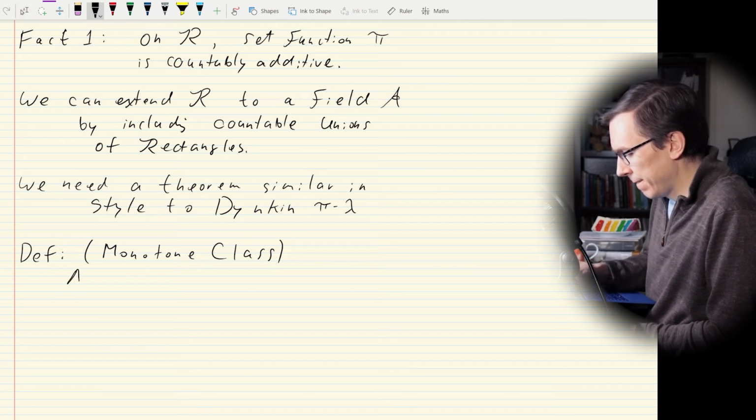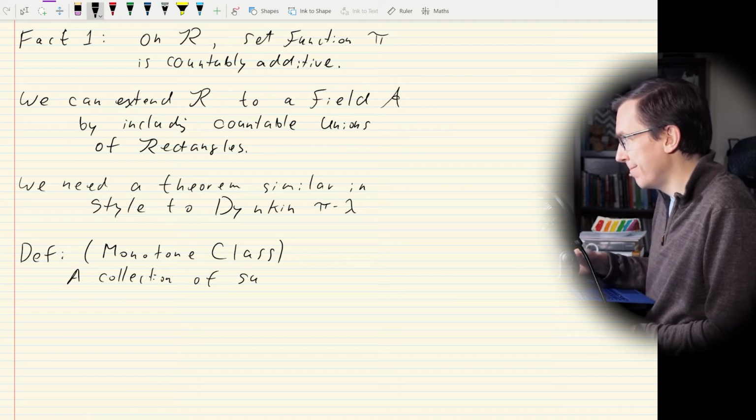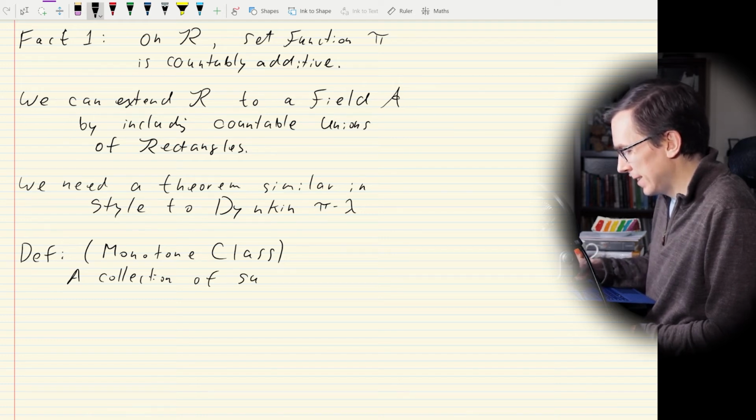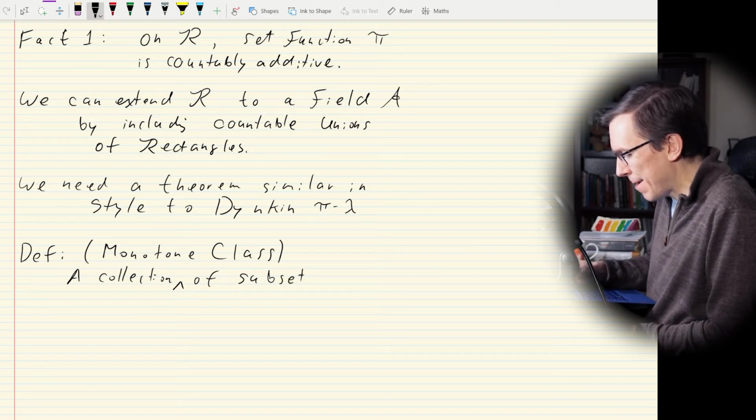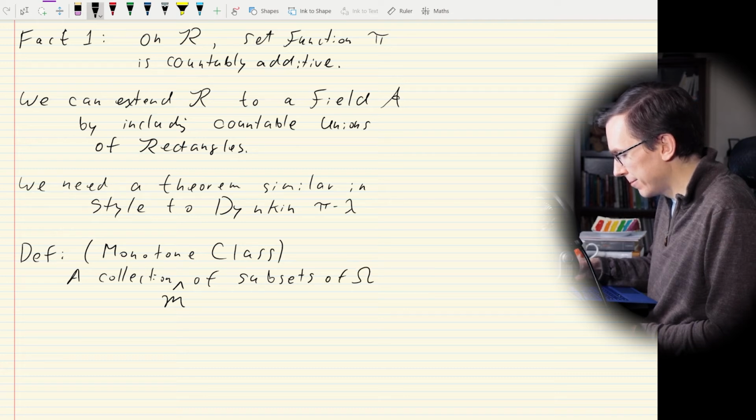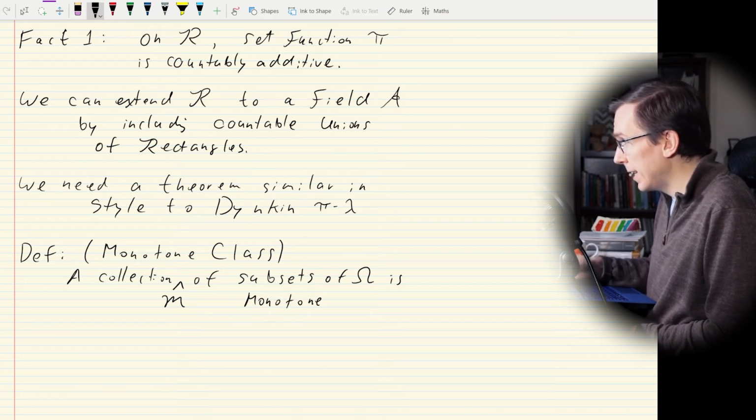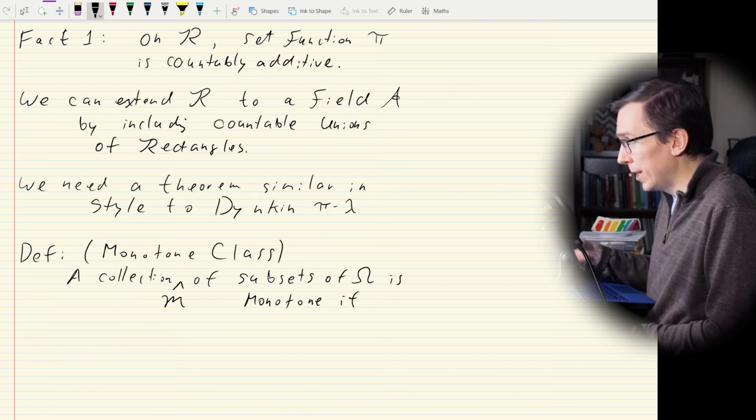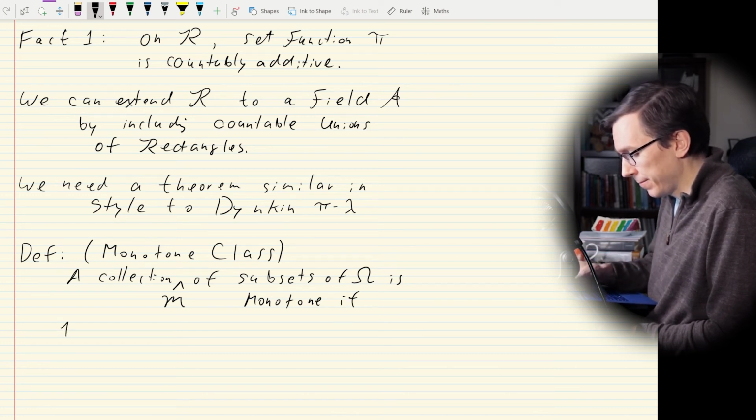So, a collection M of subsets of omega is monotone if two things.